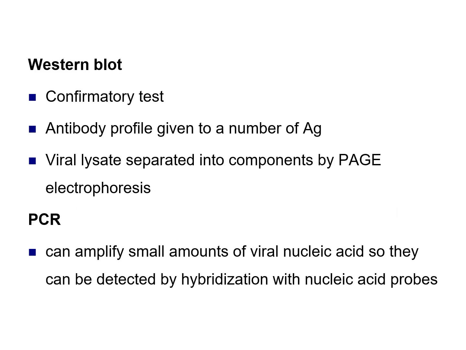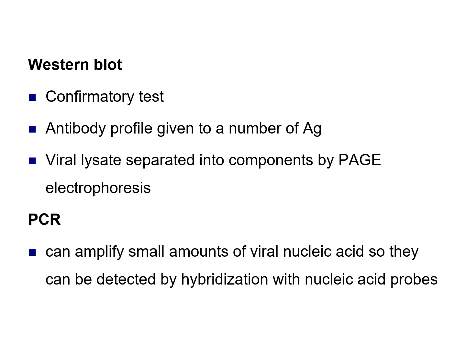We can also do Western blot. This is a confirmatory test for HIV infection. We detect specific antibody against a number of different antigens. The viral lysate is separated by electrophoresis and we determine the specific protein components that are present.